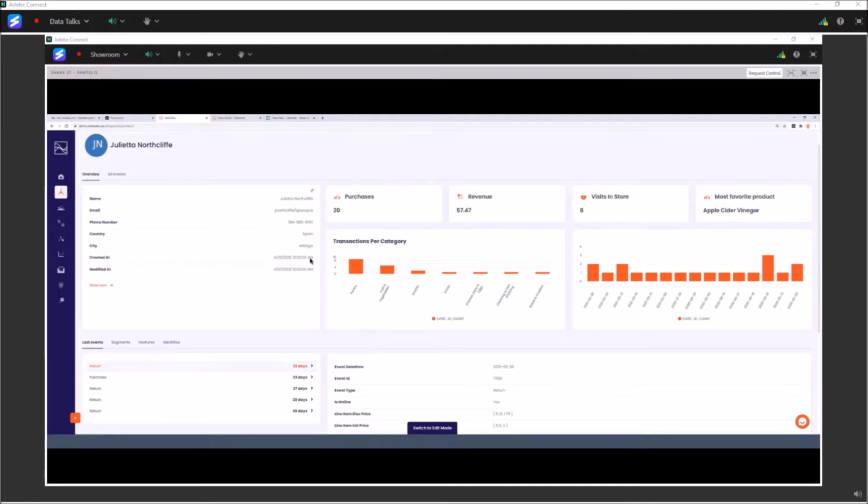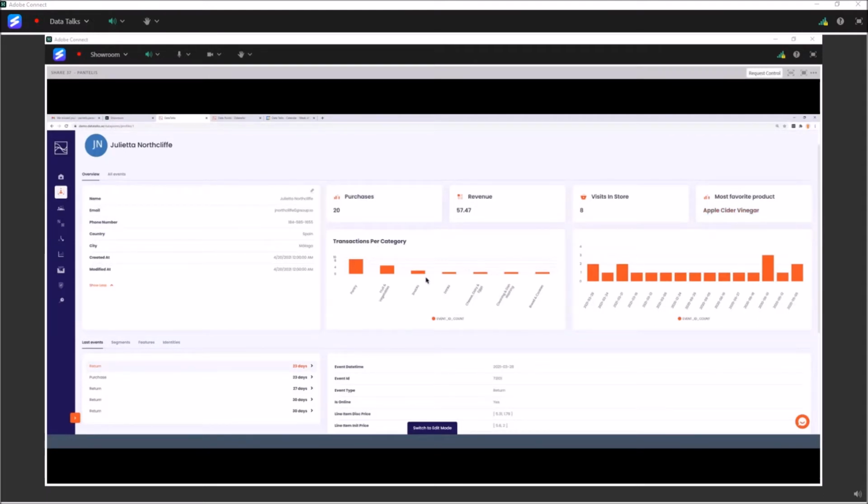We can see this person here. We can see the country and the city of that person. We can see that this person made 20 purchases, generated this revenue in total, had 8 visits in store, and the favorite product is an apple cider vinegar.